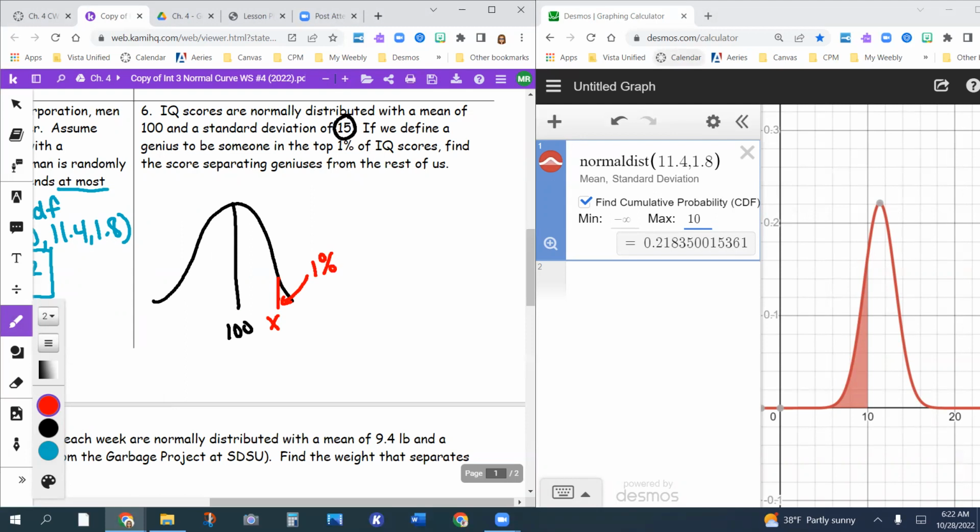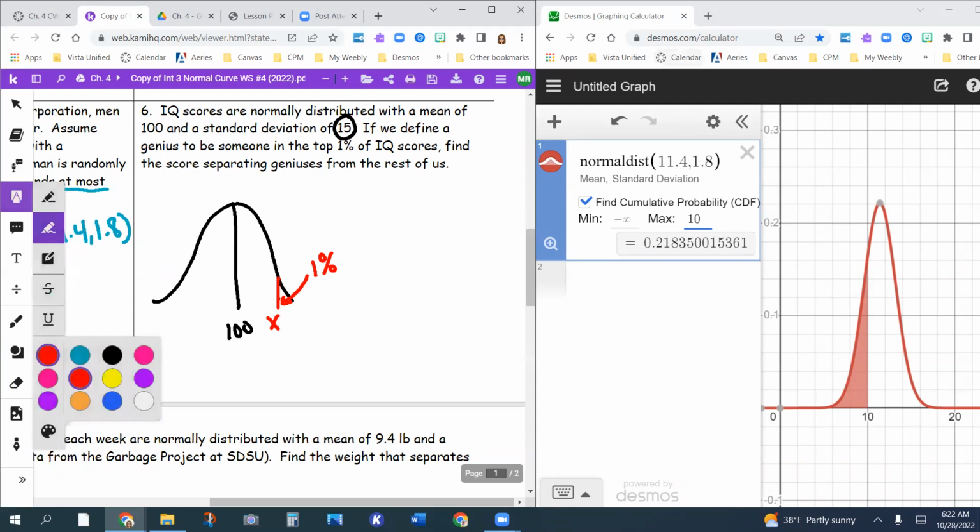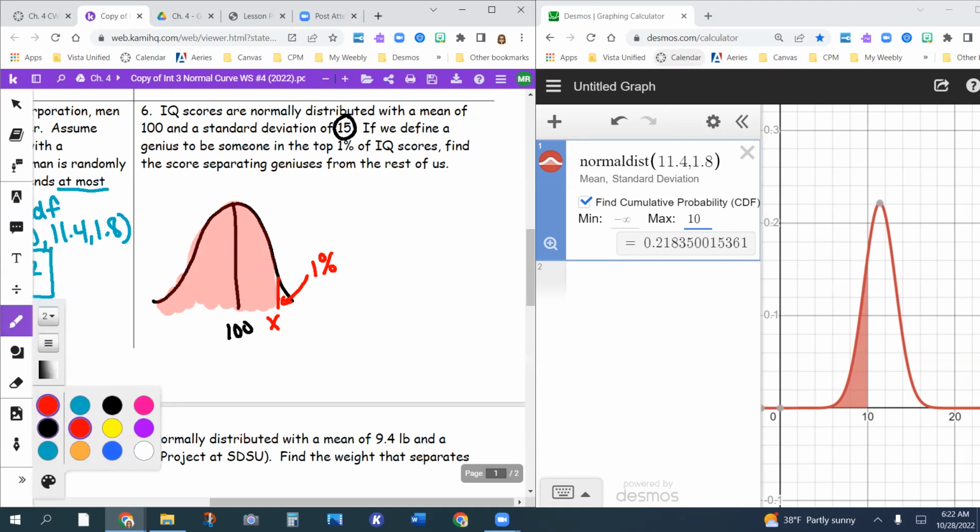So this is going to be an inverse norm. I basically want to have 99% of the people below them, so I want to find an area that is 0.99.